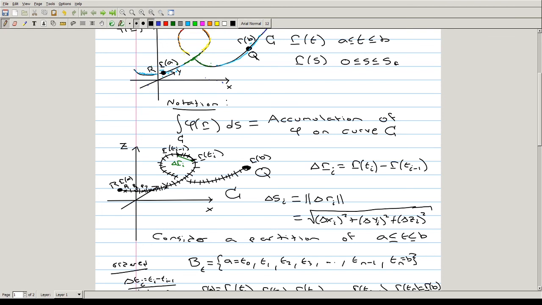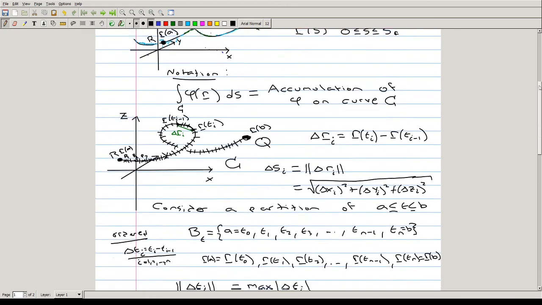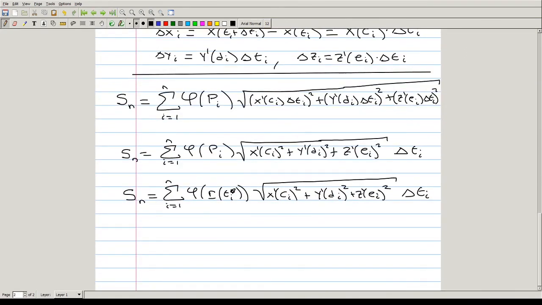And it turns out that when we do this and we take this limit, we get exactly the definition of the line integral. So it turns out that the line integral along the curve C of the scalar field phi ds is equal to this limit.